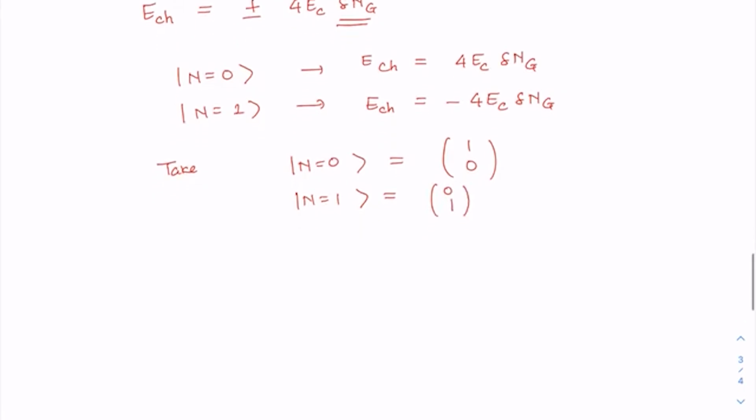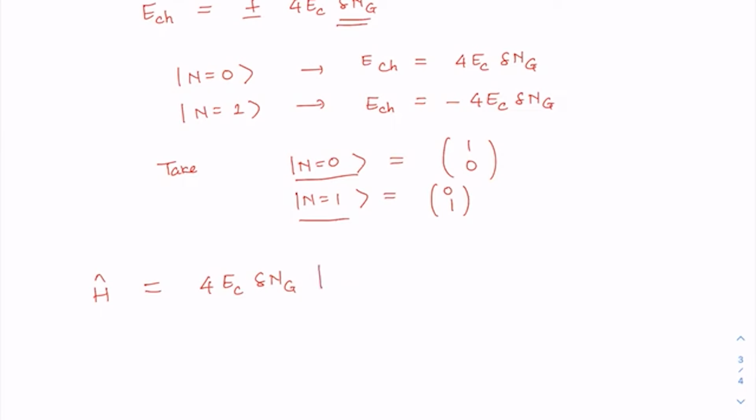Now let us switch on the tunneling term, and in the presence of the tunneling, the Hamiltonian can be written like this. We'll have 4 EC delta Nz in the basis n is equal to 0 and n is equal to 1, ket n is equal to 0. Let me write it this way.